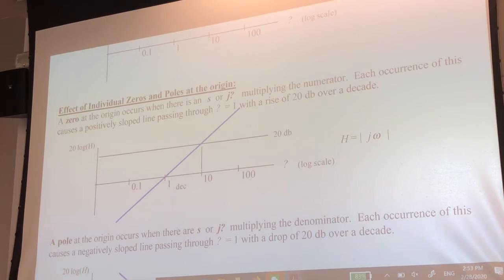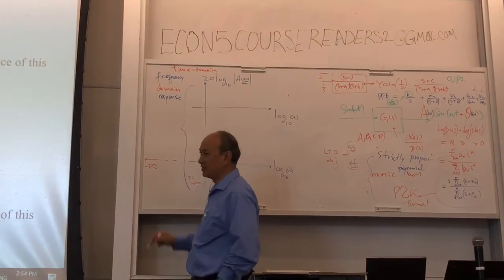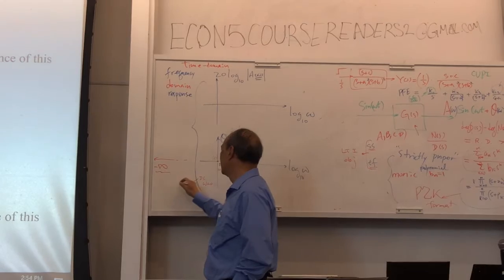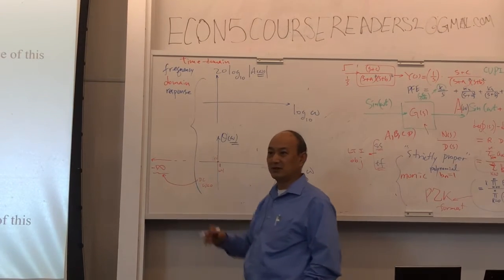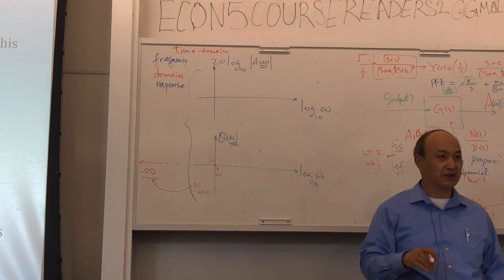Omega is also 1. Okay, it's a 0 actually. Or log 10 is 0. But when is DC? DC is omega is 0. Then log omega of 0 is all the way to minus infinity. This is my DC actually. Minus infinity. Okay, be careful. Okay. Make sense?